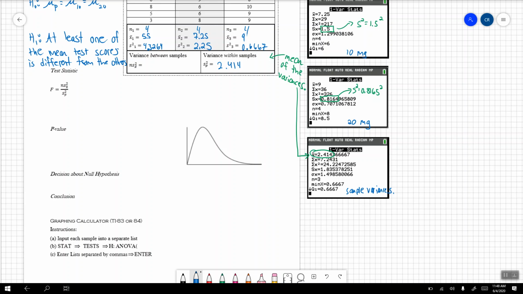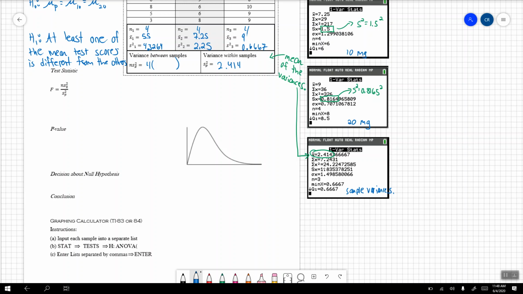Now, variance between the samples. In order to do this, we have a formula here that says all we need to do is take this n. The n here is the number of items in each sample that we're looking at, which is just 4 all across the board. So this is going to be 4 times the sample standard deviation of all the means, squared.